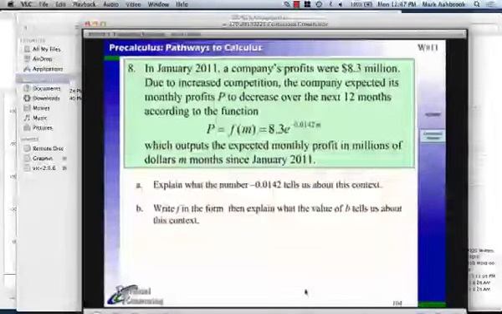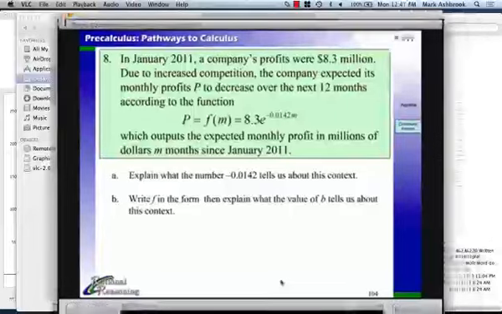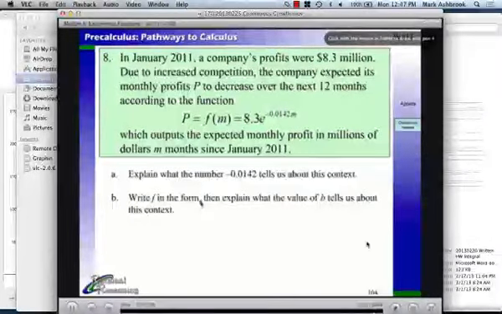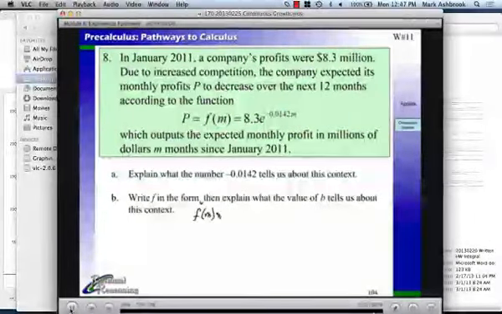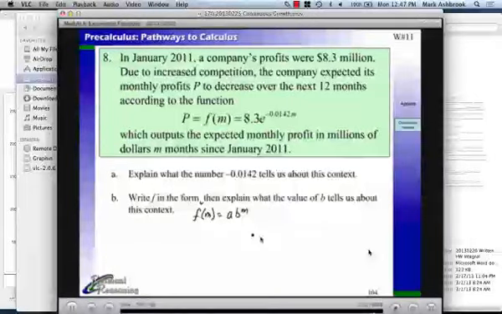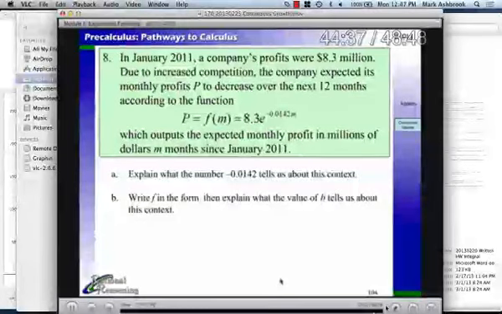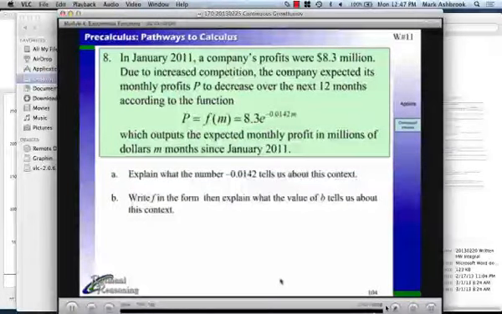So here's an example. It's not an investment anymore. It's profits, and it's decay.